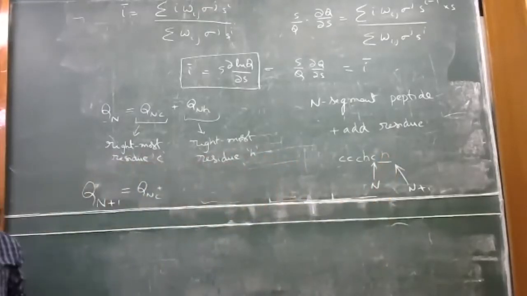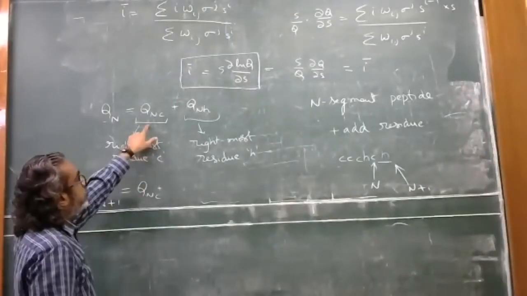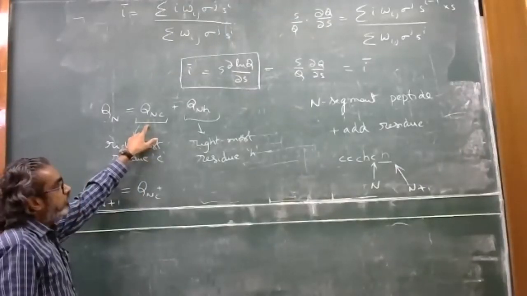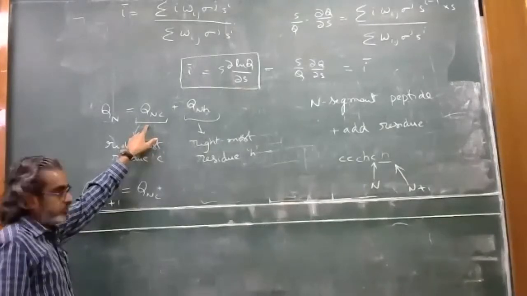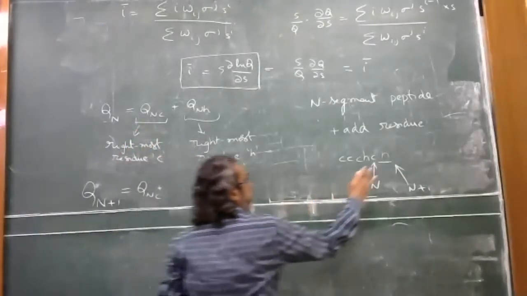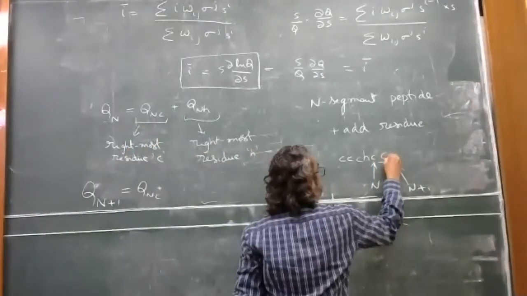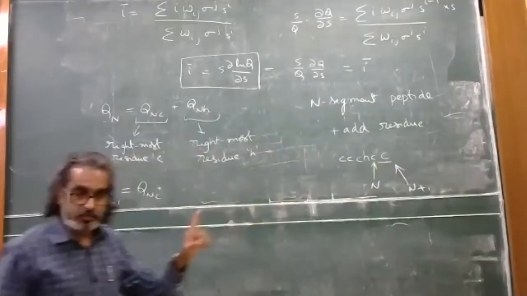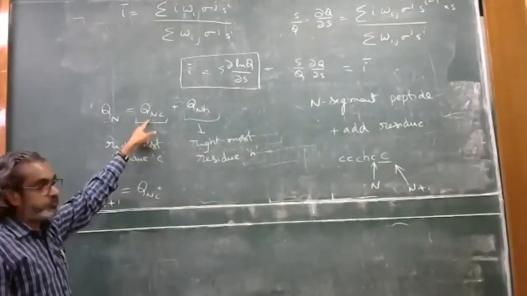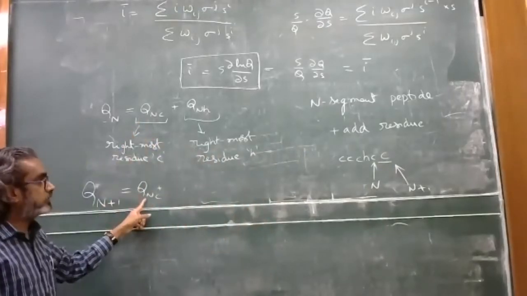But now let's say you add H. What will be the corresponding term? Could be another S multiplied, or sigma S multiplied. Yes, we need to be very careful. It was easy for C because the weightage is 1. You multiply this partition function with 1, you get this.